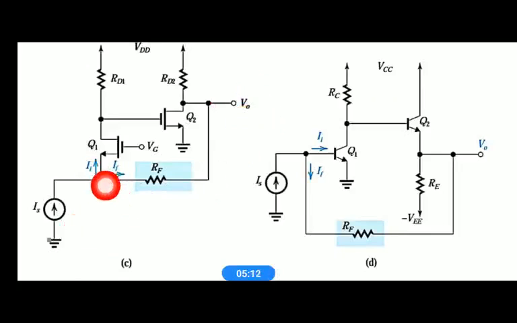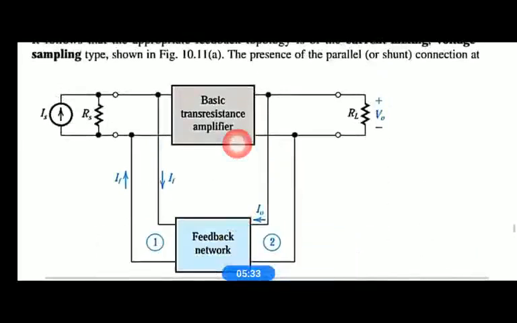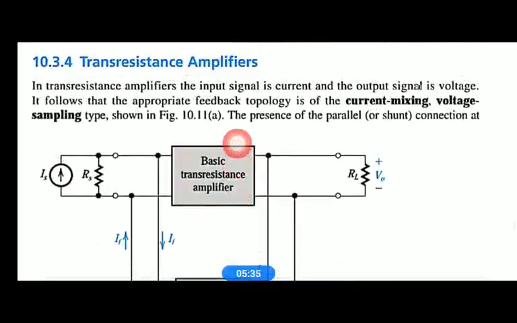The actual current going into the amplifier is II. As input, our applied current is Is, but in the amplifier it is II that is amplified, and the output voltage we get is V0. So it is a transresistance amplifier, which takes the input as a current and gives the output as a voltage.